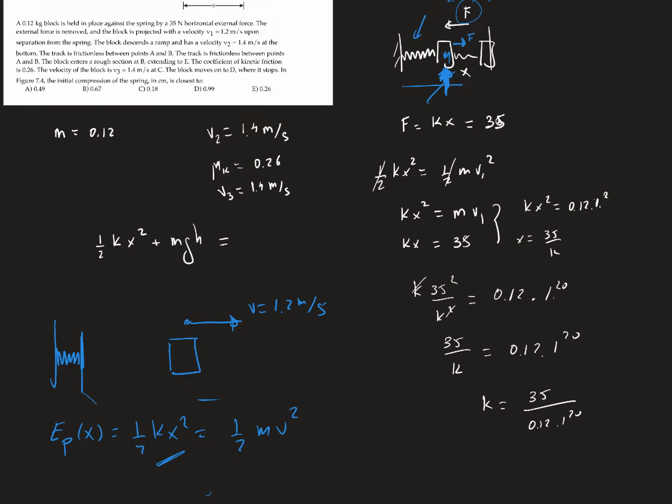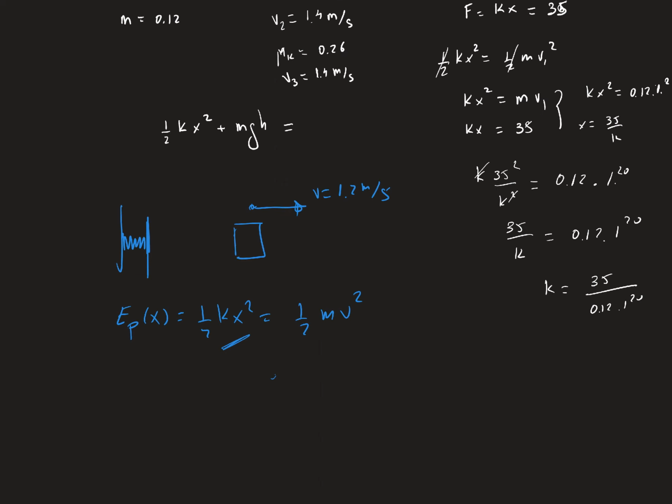If you want, this is the position A, and what is the position B? What is the total mechanical energy at the position A? It's kinetic energy at A plus potential energy at A. But at position A there is no kinetic energy, only potential energy stored.